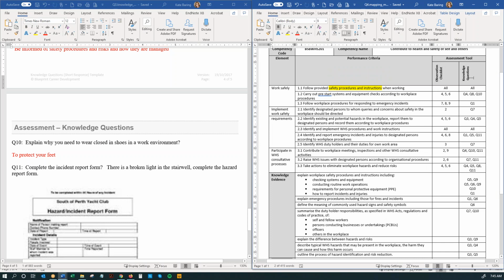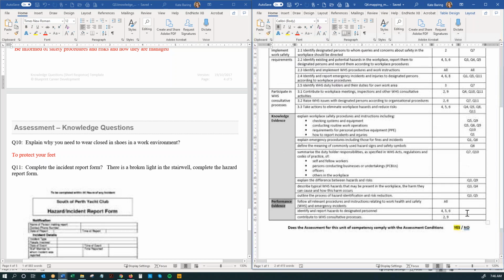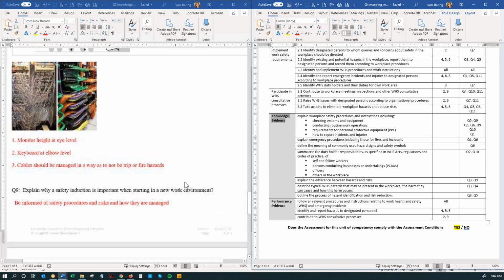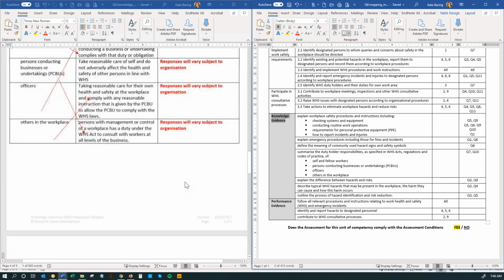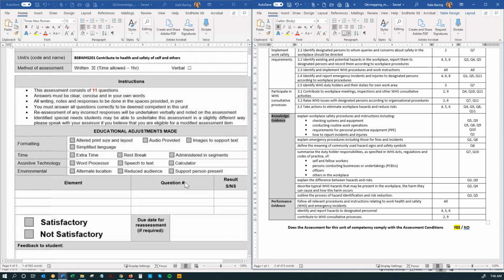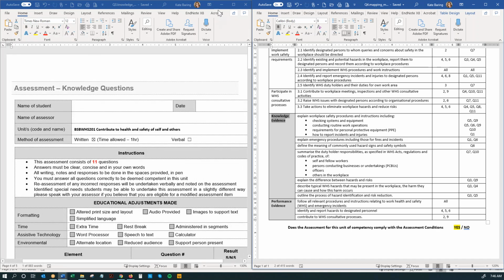This column for knowledge questions only covers what we established was the knowledge evidence within units of competency and the performance criteria, but not the performance evidence. This is the doing and this is the theoretical knowledge, so you do those bits separately. Again, there's no right or wrong about how many questions you might do, but you need to make sure you can map all of them across. So that's our knowledge assessment.